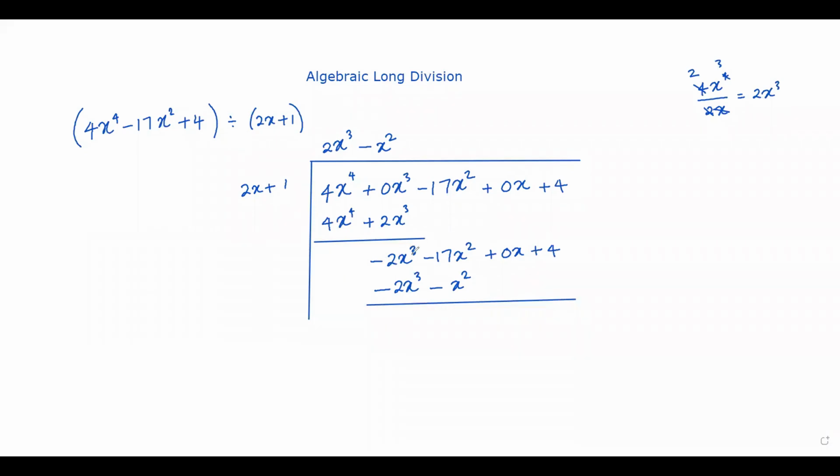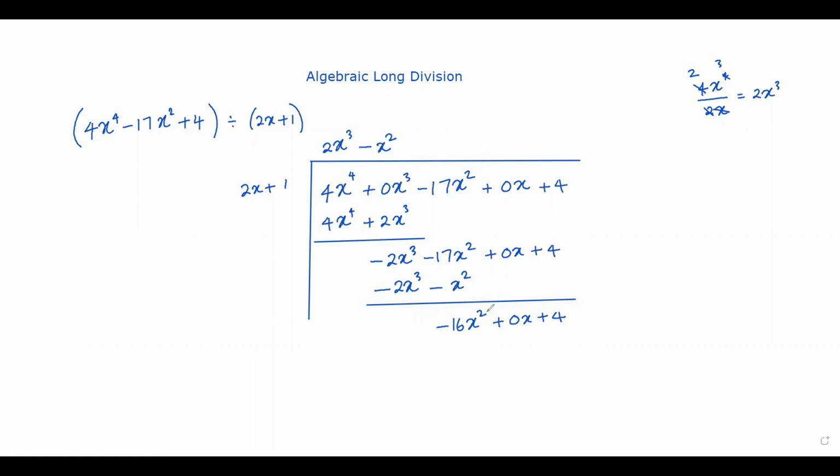So minus 2x cubed, take away minus 2x cubed, 0. Minus 17x squared, take away x squared would give me a minus 16x squared. And nothing for the remaining. I'm just going to write it like that. So now I have minus 16x squared.